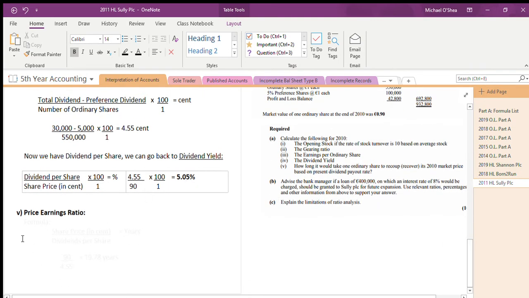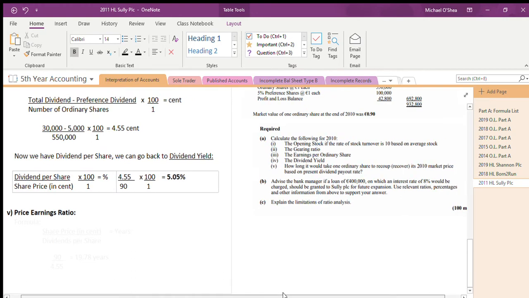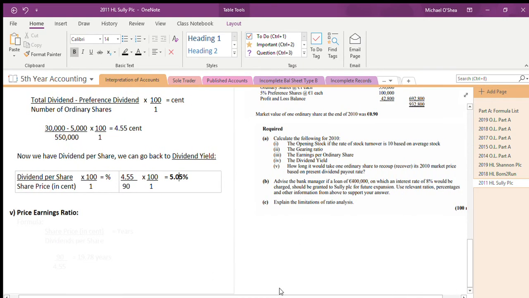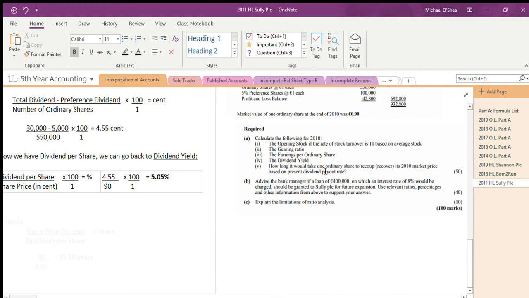Don't do it. Very last one here is, that's not the price earnings ratio. The last one we have here is, how long would it take one ordinary share to recover its 2010 market price?